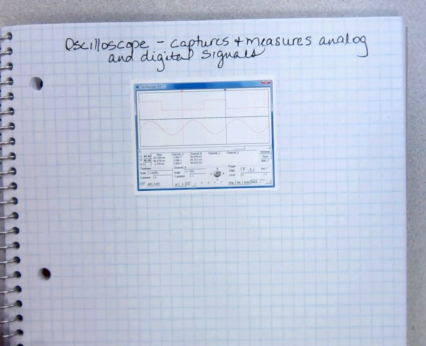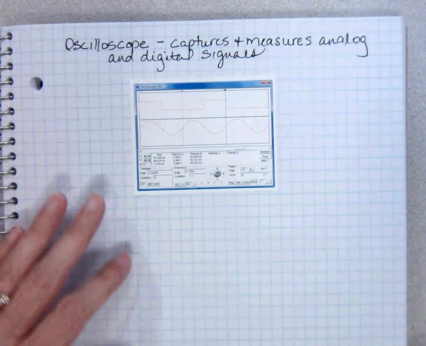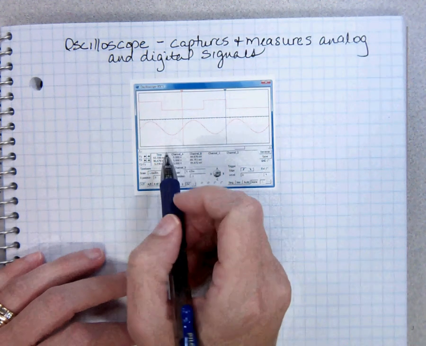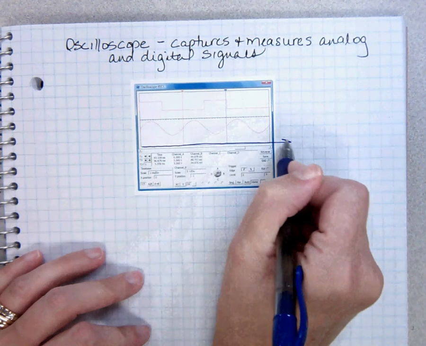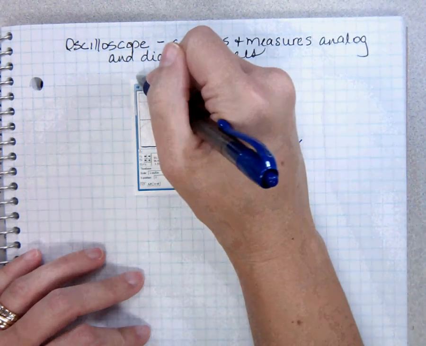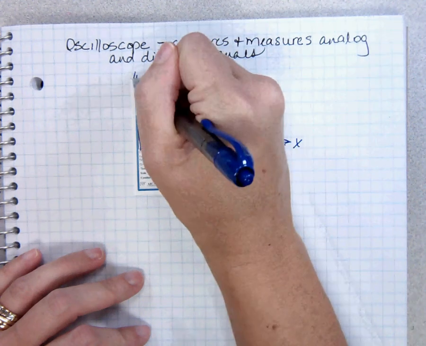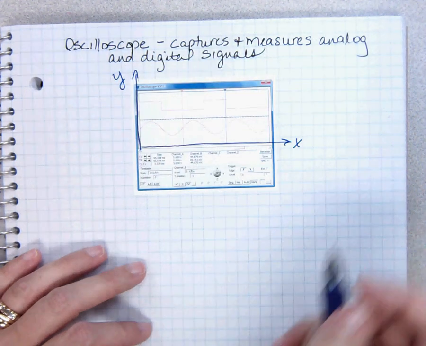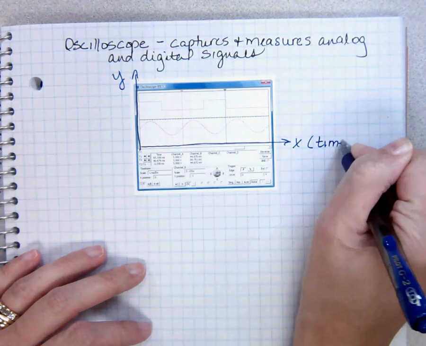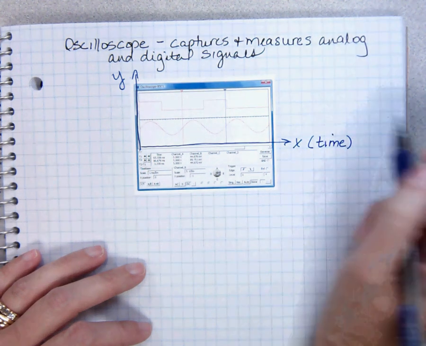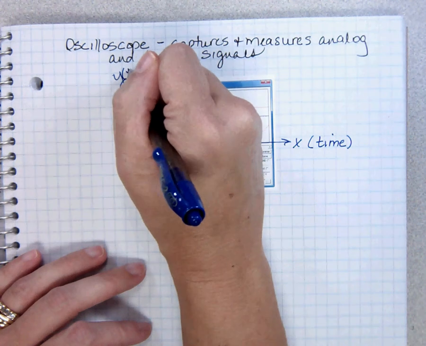It is running a Cartesian coordinate plane, and by that I mean it has an x-axis and a y-axis. The x-axis is time and the y-axis is voltage.